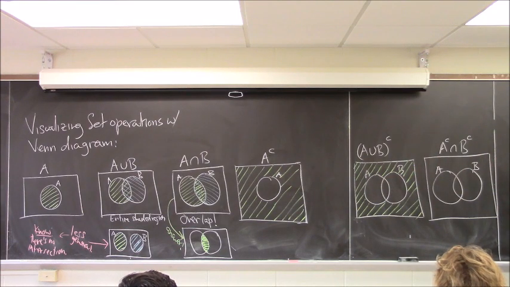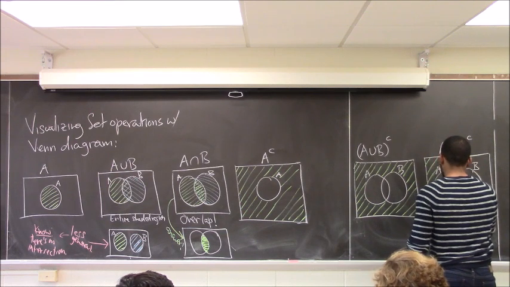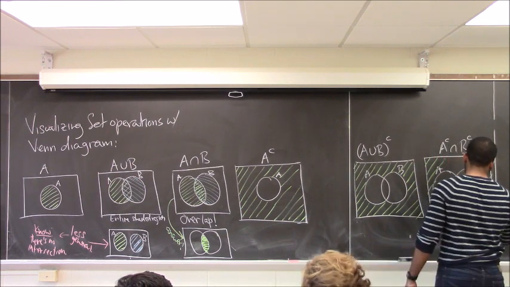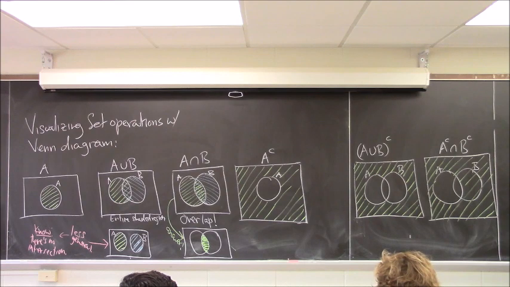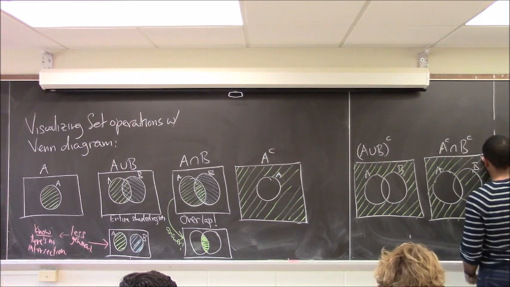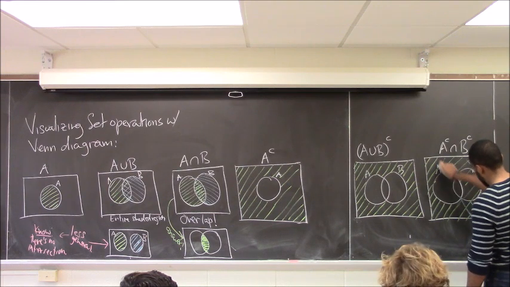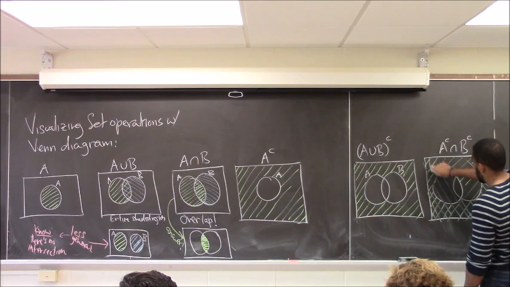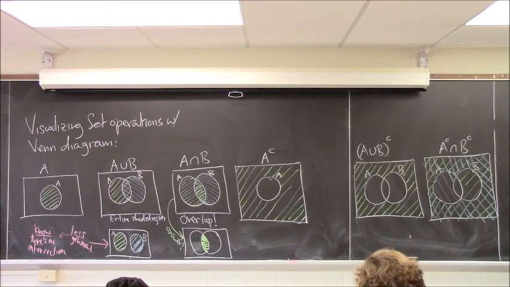If I wanted to look at A complement intersect B complement, I would first figure out what A complement is, and based on that idea, it's everything outside of the circle A. And then I find B complement, which is everything outside of the circle B. Now, because I'm looking for the intersection, I want to find the overlap.